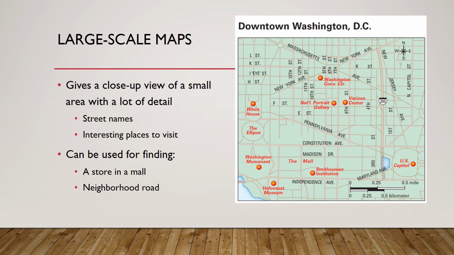What we're looking at on the right side of our screen here is a map of downtown Washington, D.C., and we see that we're able to use this to navigate downtown Washington, D.C. We're able to go from different monuments and different museums, like I said, interesting places to visit while we're at downtown Washington, D.C. We might also use a large-scale map maybe to navigate the halls of OPA, or you might use a large-scale map to navigate the roads in Oak Park or even Detroit.